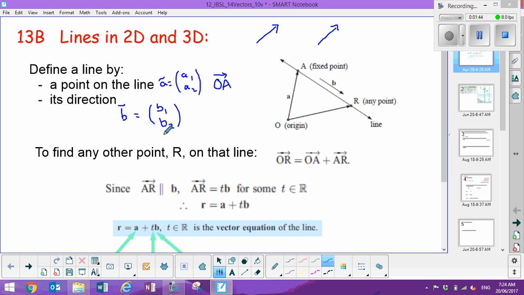So to find any other point on this line, in other words our point R, OR is the position vector for that point.